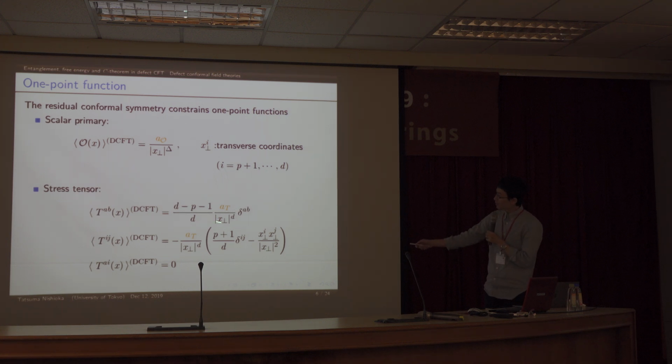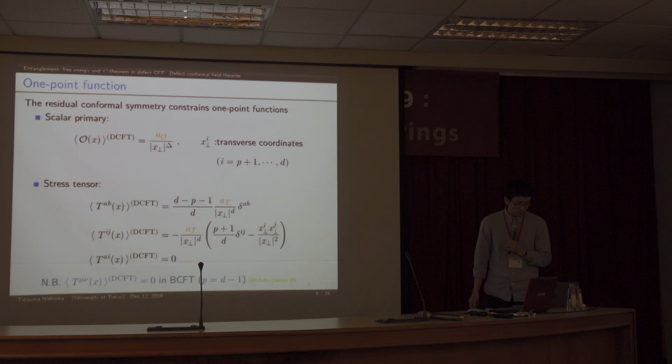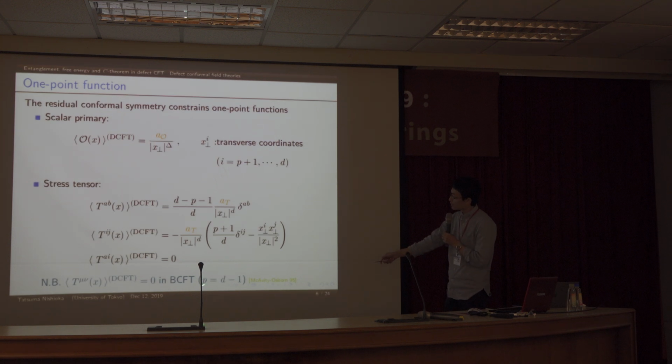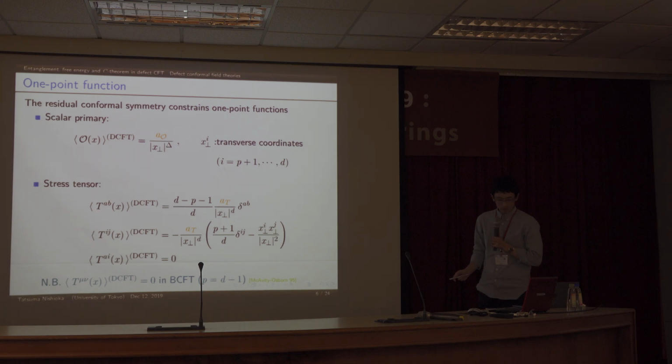But from this form, you can see that when p, the dimension of the defect, is D-1, namely if you have, say, boundary theories or also interface theories, then the one-point function of the stress tensor actually vanishes. In this case, this is very similar to the theory without a defect.